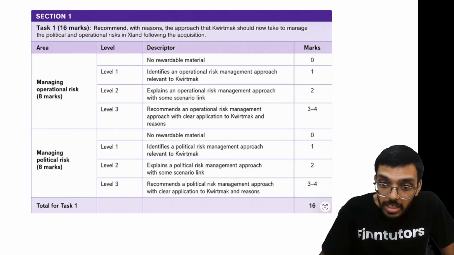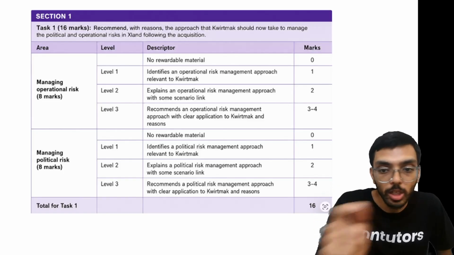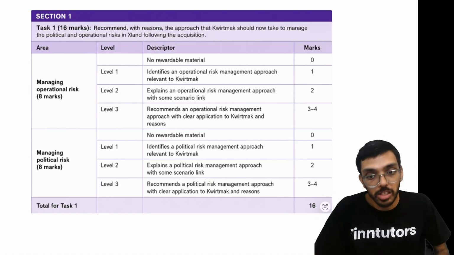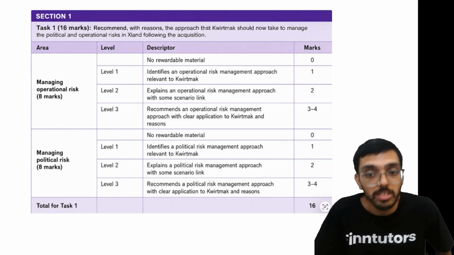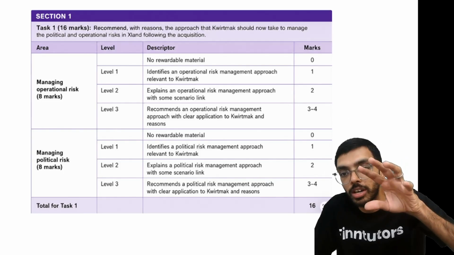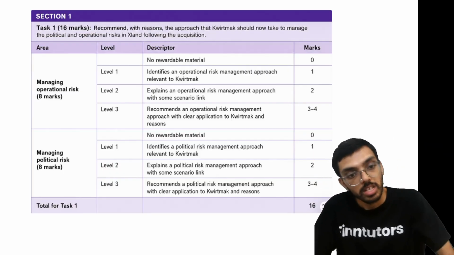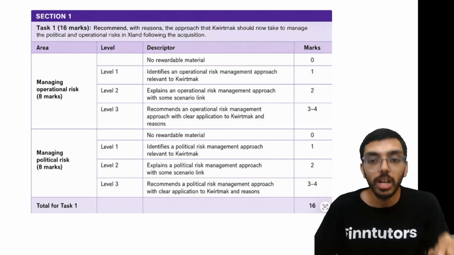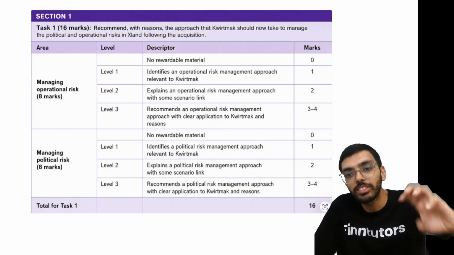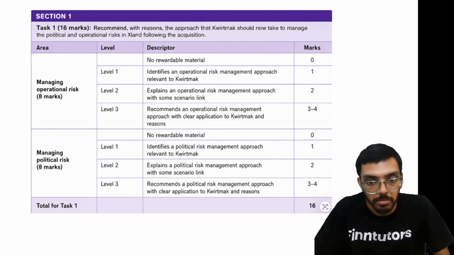If you recommend how to manage operational risk, if you link it to the situation, if you apply it to Kwirtmak, you will fall within level 3. You will get 3 to 4 marks depending on how you write it, how you explain it. This is 1 point. Same way you'll do another point for operational risk, and another two points for political risk. That's your 4 points completed, and that's your total 16 marks for task 1.